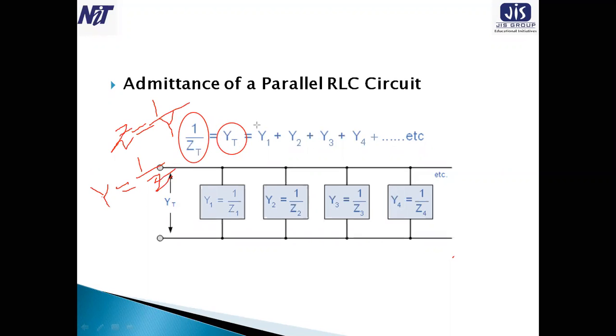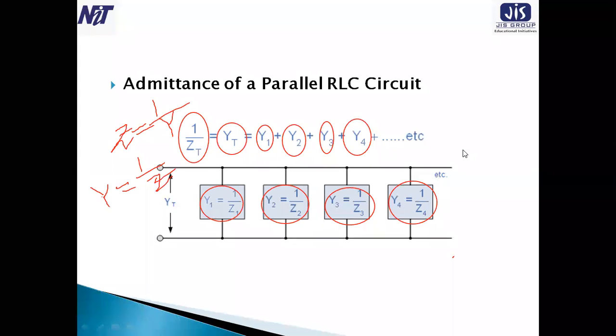The total admittance is nothing but the summation of all the admittances, Y1 plus Y2 plus Y3 plus Y4, etc. If Y equals 1 by Z, then Y1 equals 1 by Z1, Y2 equals 1 by Z2, Y3 equals 1 by Z3, and Y4 equals 1 by Z4. In this way we can easily find the admittance of a parallel RLC circuit.